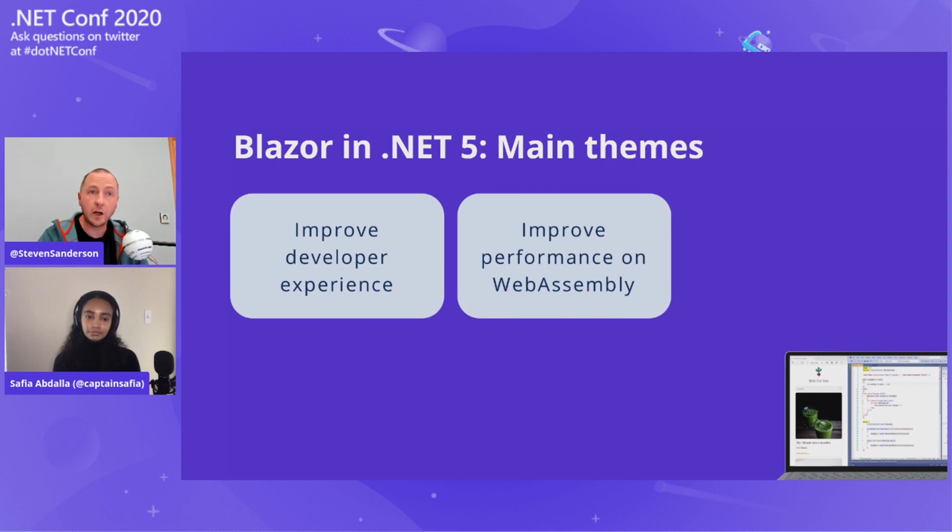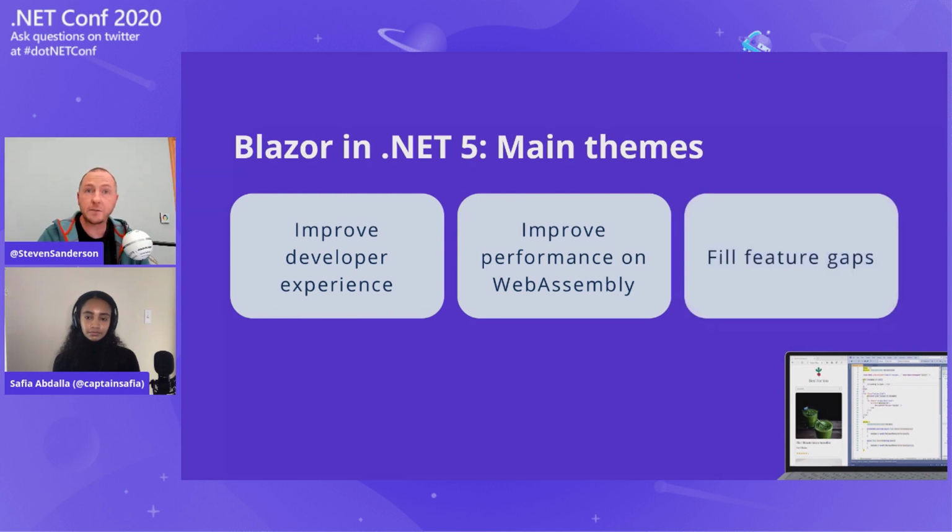So we did a lot of work on that, and we've got some great results that I'll share with you later on. And then the final area is feature gaps. Because .NET 3 was the first real release of Blazor, of course, there were some gaps in the feature set. And in .NET 5, we've worked hard to fill in as many of those gaps as we can. So those will be some of the main subjects of this talk.